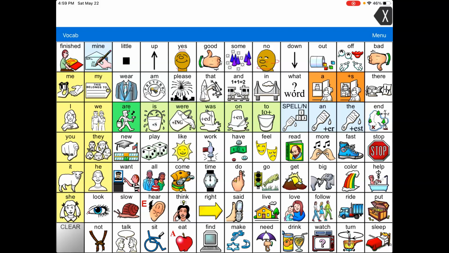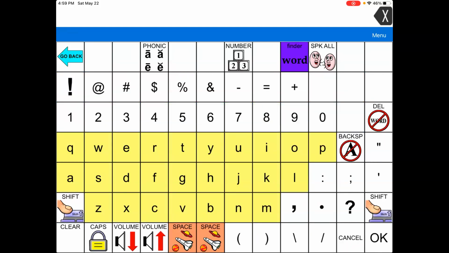Also, on that same row with our one-hit words, are, is, were, was, on, and to, you see that there's a spell key. It's spell numbers. When we select it, it goes to the keyboard. The keyboard allows us to type any word we want.